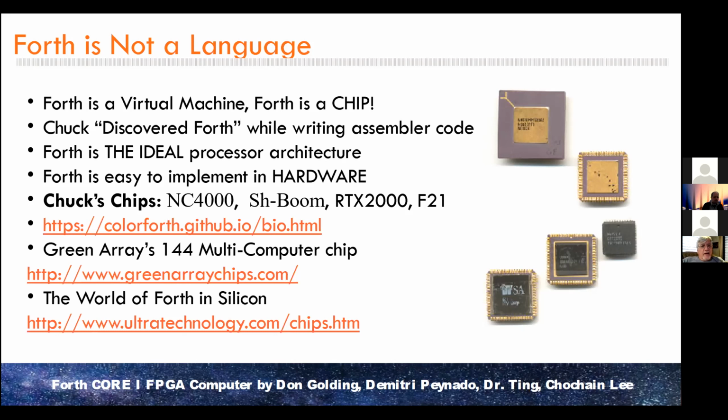He has the NC4000, the Shboom, the RTX 2000. The RTX 2000 was used a lot in space. It was promoted by Harris Semiconductor. Then we have the GreenArrays GA144 multi-computer chip, and there's a lot in the world of Forth silicon. There's an Ultra Technology website. You can go look at some of those.